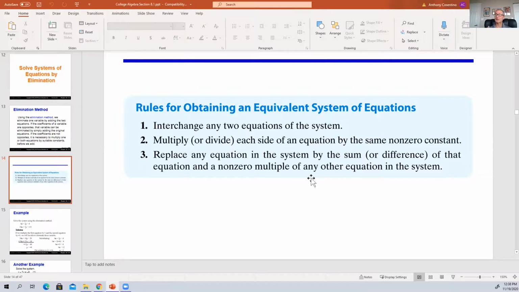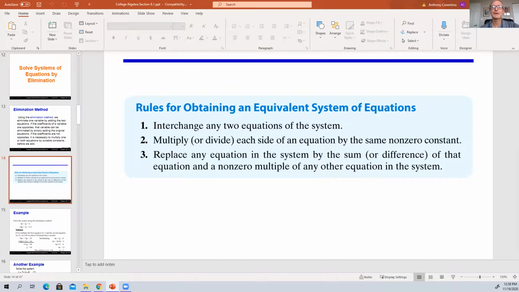And then here's the new thing: you could either add or subtract, and we're going to be adding any two equations. And then that new equation can replace one of those equations. You can see that these three steps could be used over and over and over again to solve a set, or a system it's typically called, of linear equations.